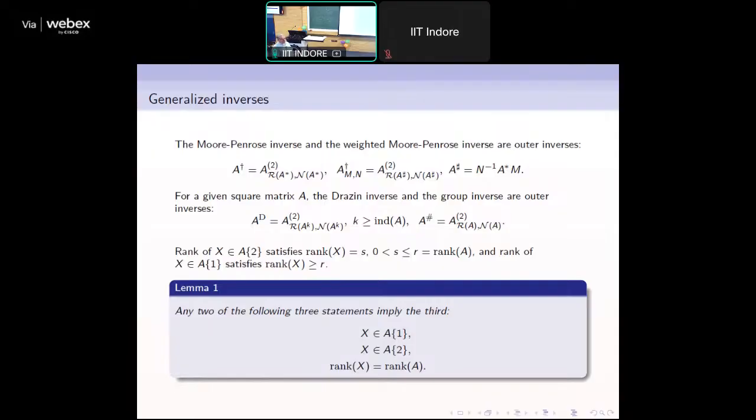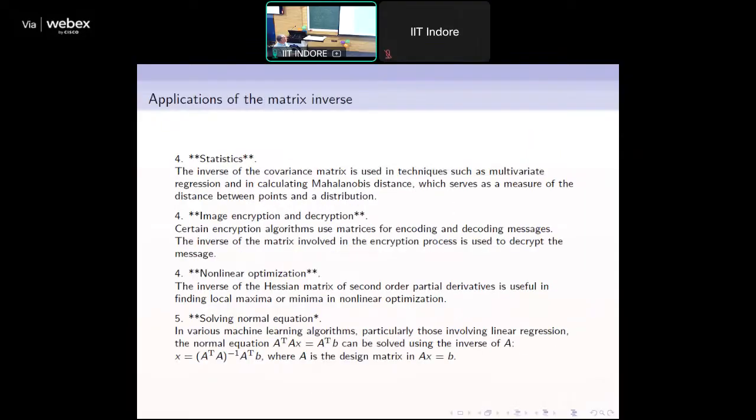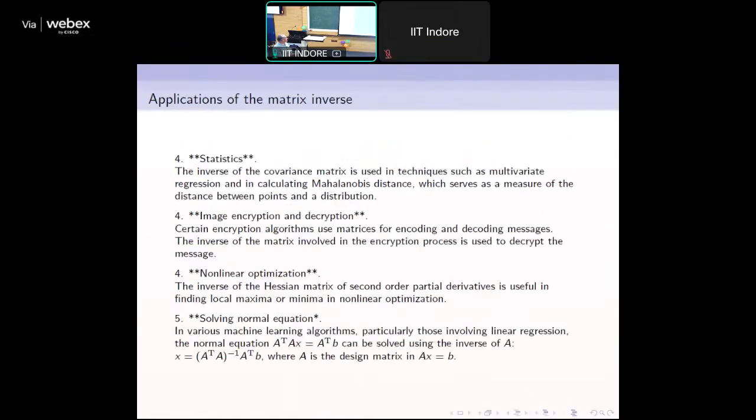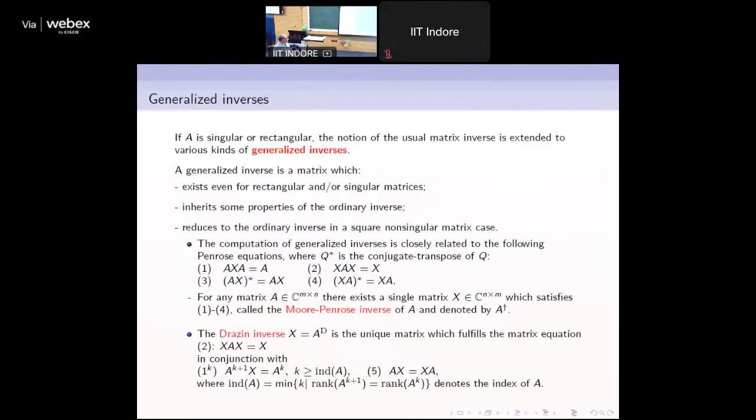In the special case where M and N are identity matrices, it coincides with the Moore-Penrose inverse. The equations defining the weighted inverse are different: instead of AX star equals AX, it will be MAX star equals MAX, and XAN minus 1 star equals XAN minus 1.